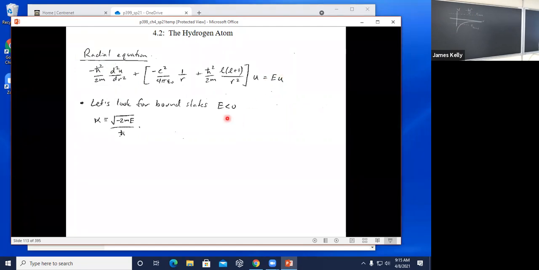But E itself is negative if we're looking for bound states. So minus E is positive, and so we make the usual definition. Let's define kappa to be the square root of minus 2mE over h bar squared, in other words, the square root of the thing that appears on that side after we divide by those constants in front of the second derivative. And for us, that's just a simplifying thing.